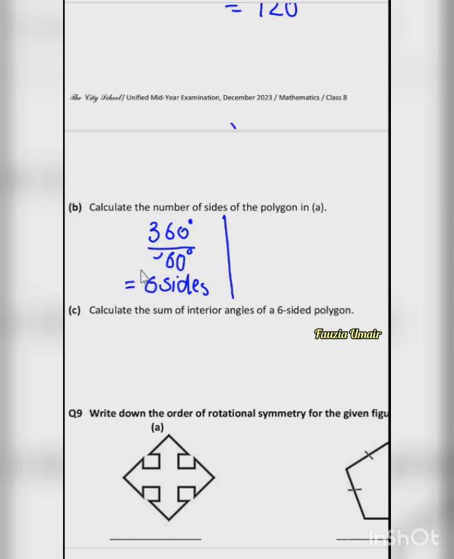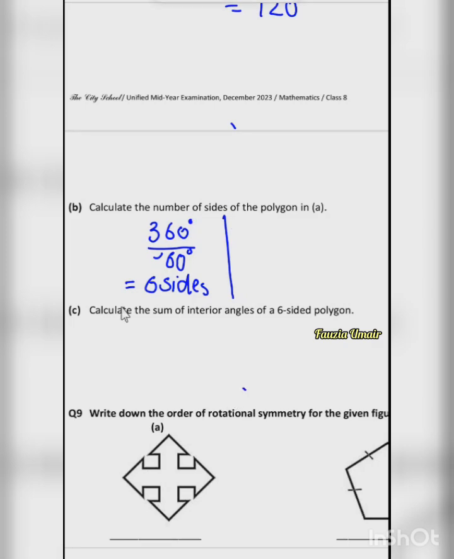This is the only way, because I cannot use the interior angle unless I know the total interior angle. What do you think, class 8? Can I use any other method to reach the number of sides? No, ma'am, I don't think so.